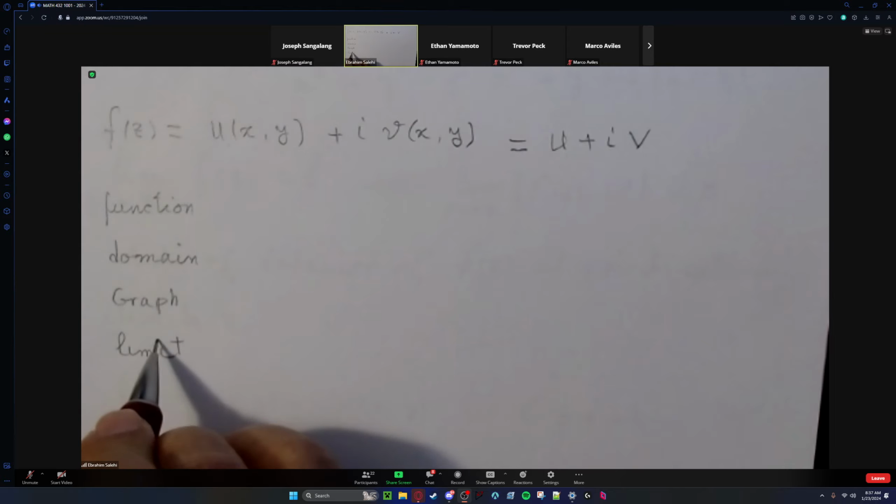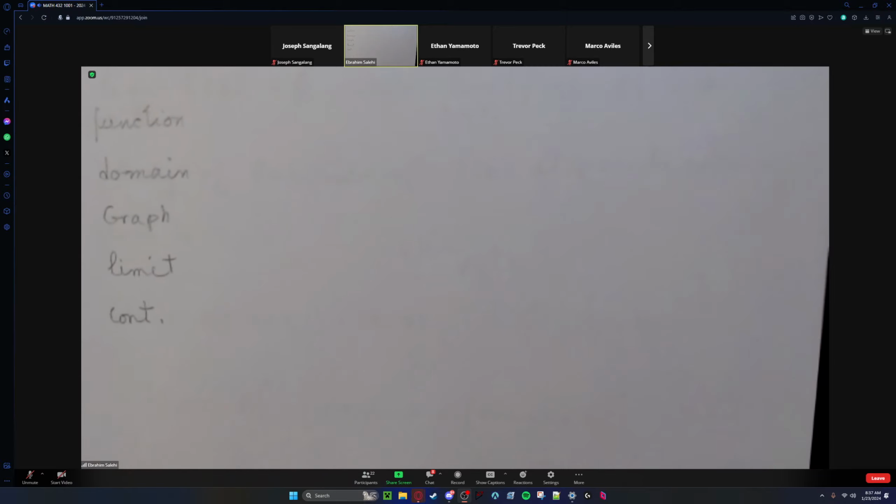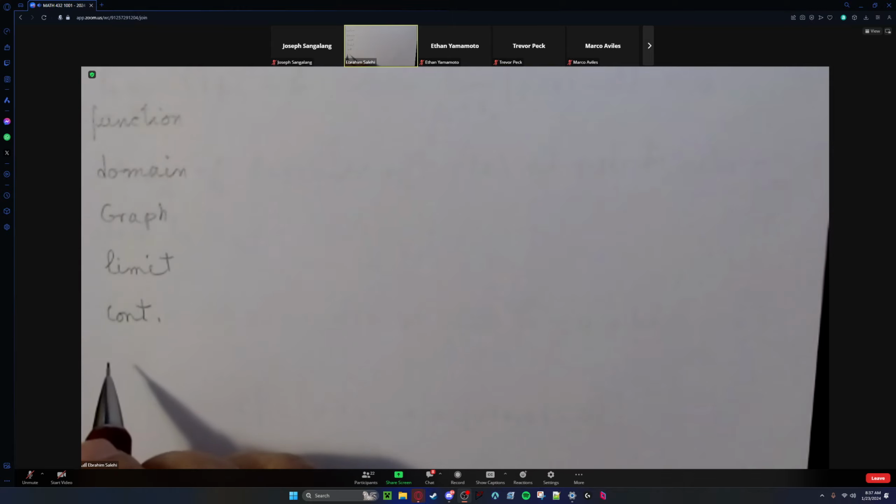Okay, the concept of limit applies to it. And then, of course, after the limit is continuity, whether this function is continuous or not at certain point. Then, of course, when you just go through the concepts that were introduced in calculus, the next one is, oh, can we have derivative?